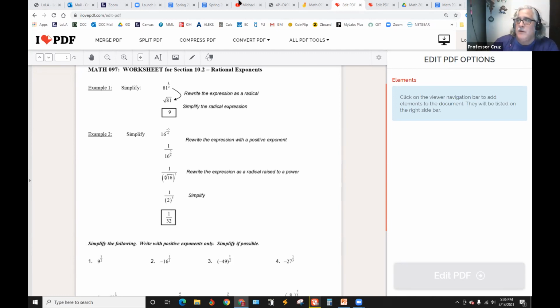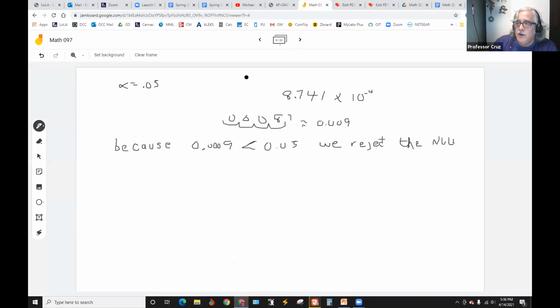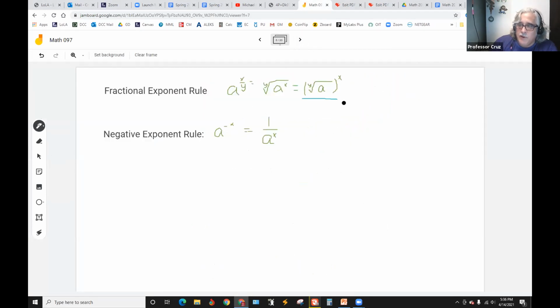Now, as you recall, there's a couple of rules we need to pay attention to here. One is an old one, and the top one is the new one since we've been using. Okay, this is a fractional rule.